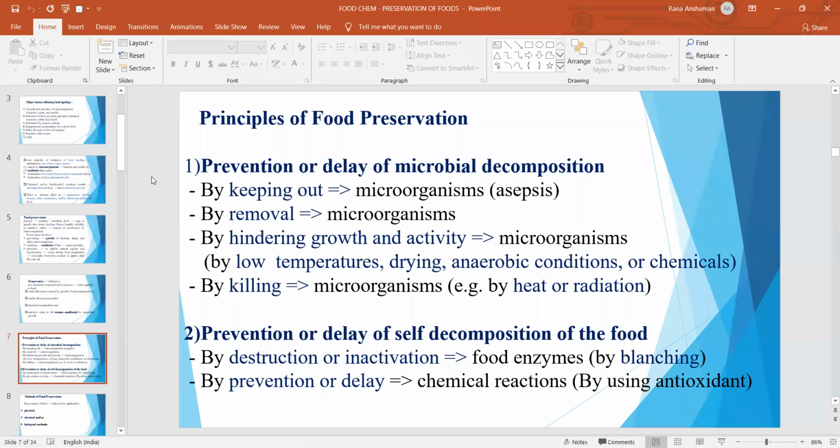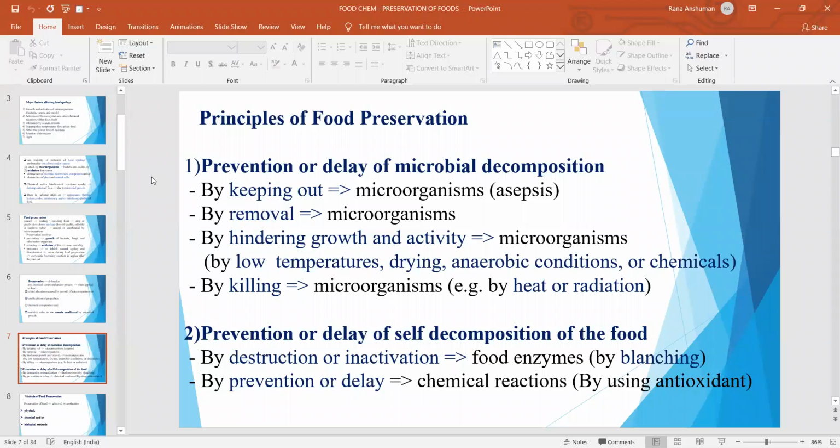Next principle includes prevention or delay of self-decomposition of the food, which may be achieved by either destruction or inactivation of different food enzymes present in the foods, that is achieved by blanching.